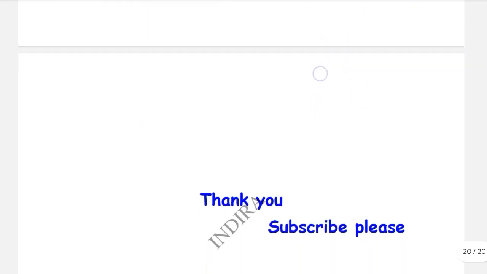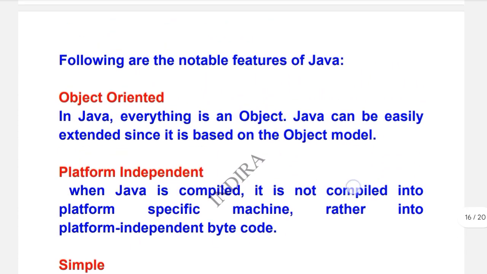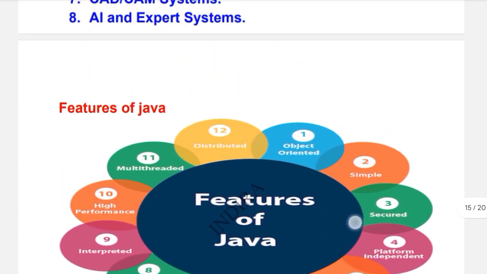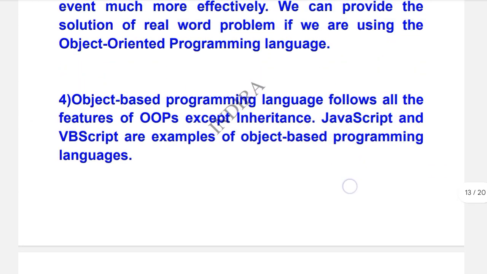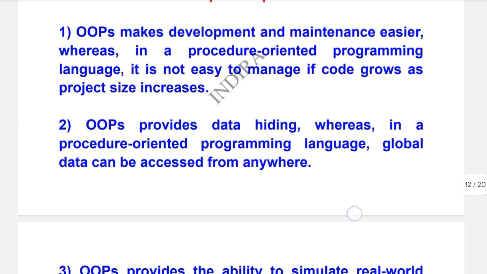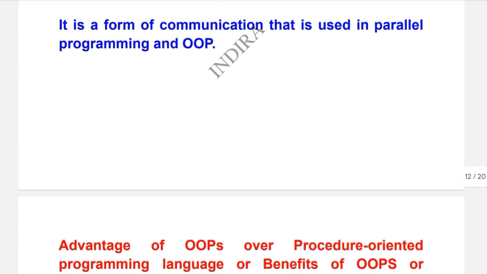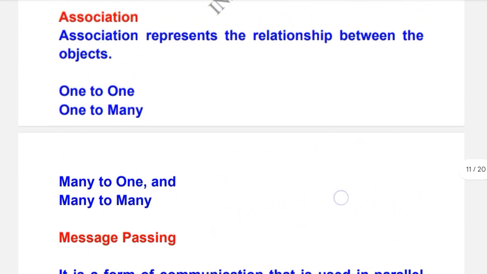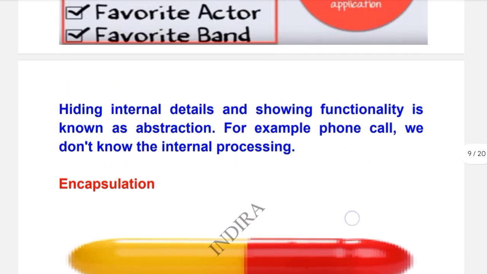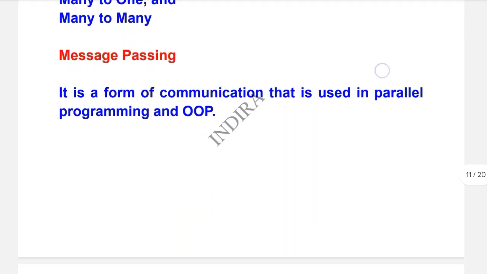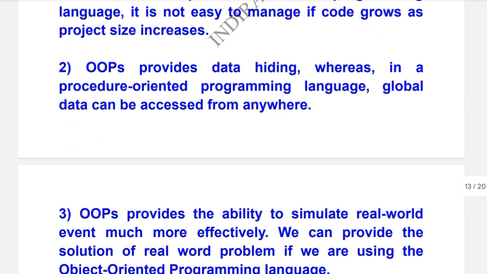So these are the features of Java, and in this part 1 we completed the concept of OOPs, features of OOPs, applications of OOPs, and three important questions of the BSc fourth sem syllabus. All these concepts are very important, and these three important questions are also very important.